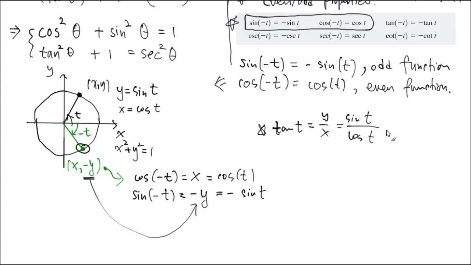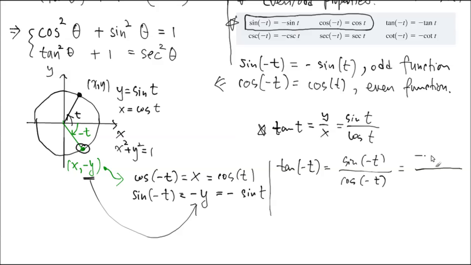So let's see what happens with tangent of negative t. You stick in sine of negative t and cosine of negative t. Is that right? That's the meaning. What do you know about sine of negative t? Negative sine t. How about cosine of negative t? Cosine t. So can we pull the negative outside?